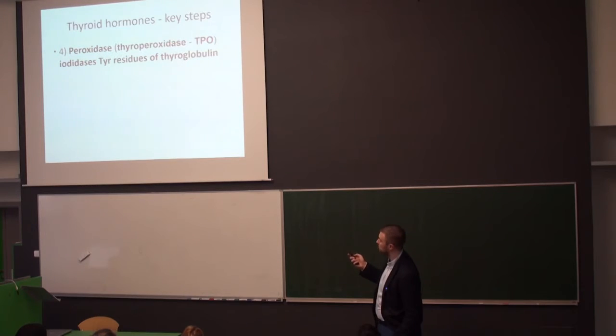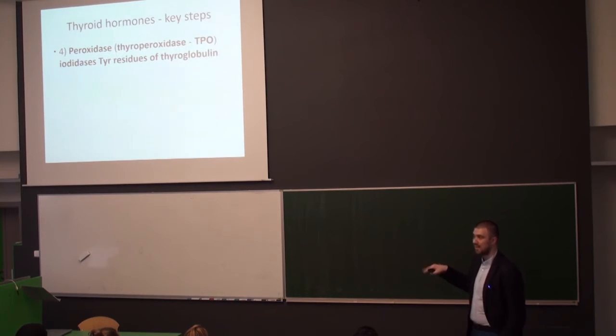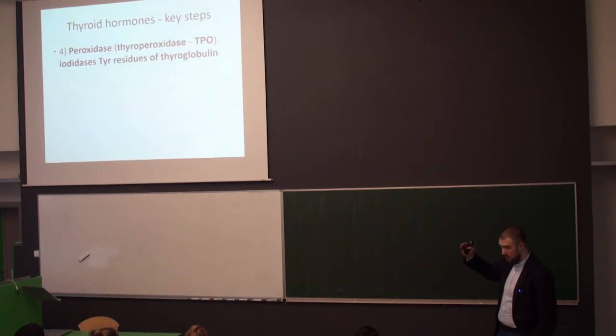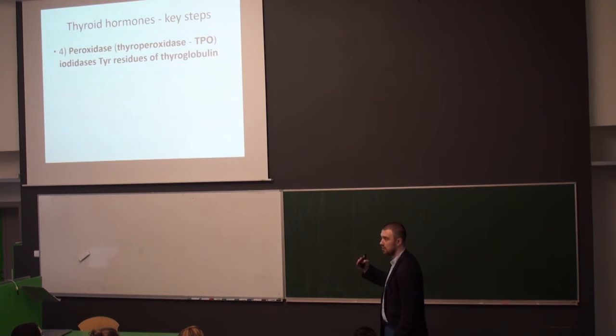Why should you know this abbreviation? Since you will check for the antibodies against this enzyme in the screening of thyroid gland disorders. Yes, so you will read about it in the list of things that you can measure in the blood of patients in the hospital, the TPO.